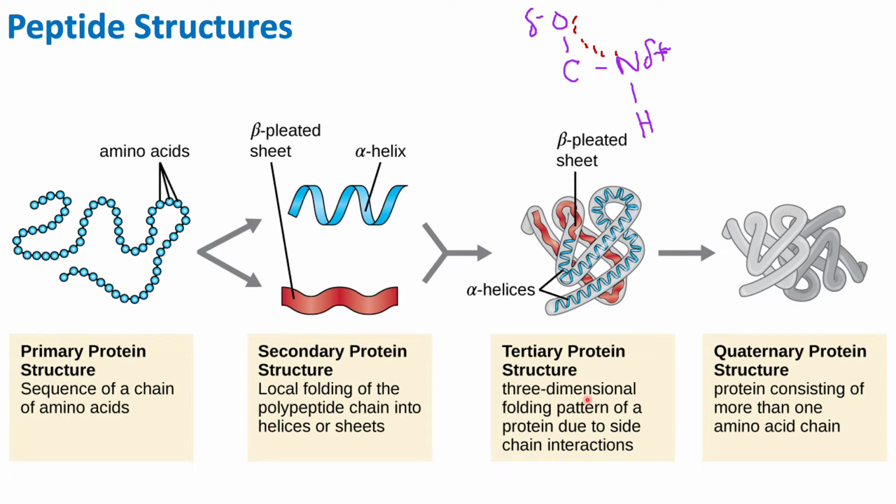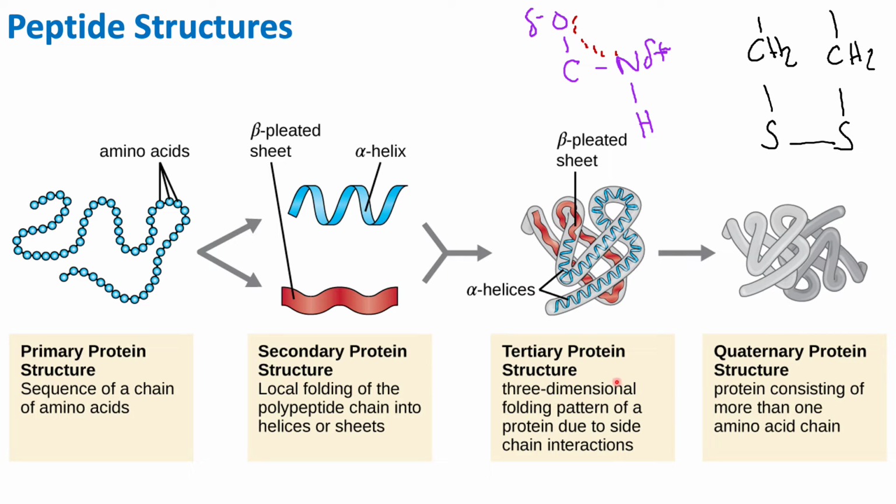And then we have our tertiary structure. Within our tertiary structure, we can have alpha helices, beta pleated sheets, and we can also have disulfide bonds. And remember that disulfide bonds are simply two cysteines that have been deprotonated at their sulfurs and they form that bond right there.